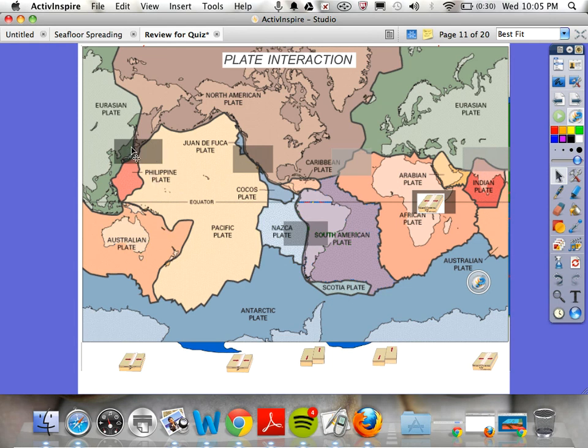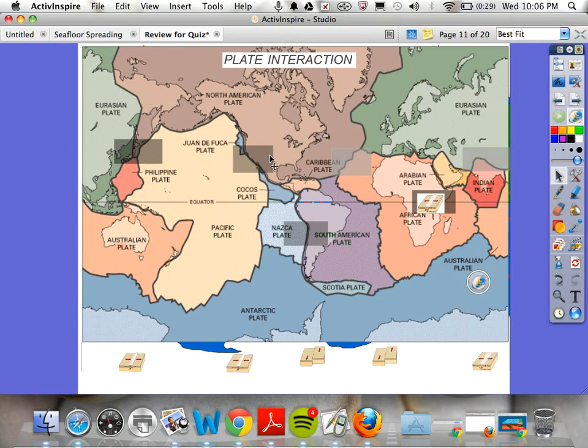So right here, the name would be Japan. The type of boundary is oceanic convergent, and the geologic feature that is formed is volcanic island arc.